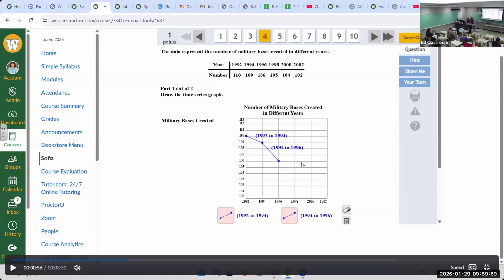So that seems very similar to what we just did. For example, 1992 here will be at 110. 1994 will be at 109. 1996 will be at 106, and so on. But you're adjusting, you're taking that little line graph in Sophia to put it there. And it doesn't seem that difficult. We're going to finish it up.